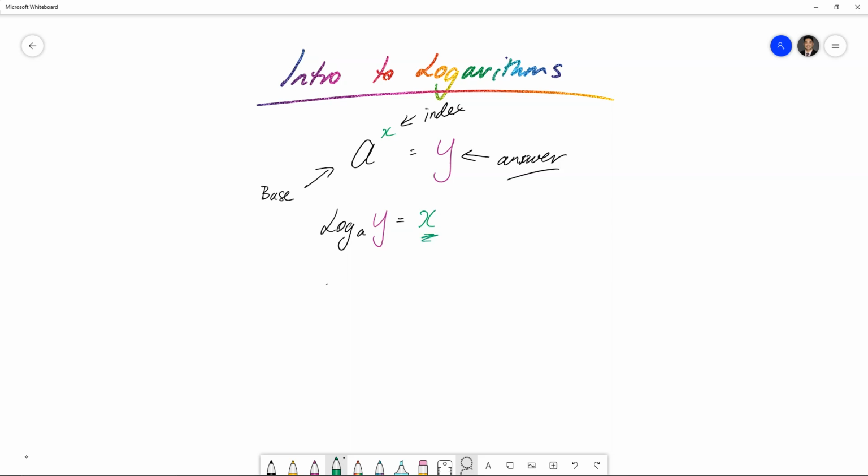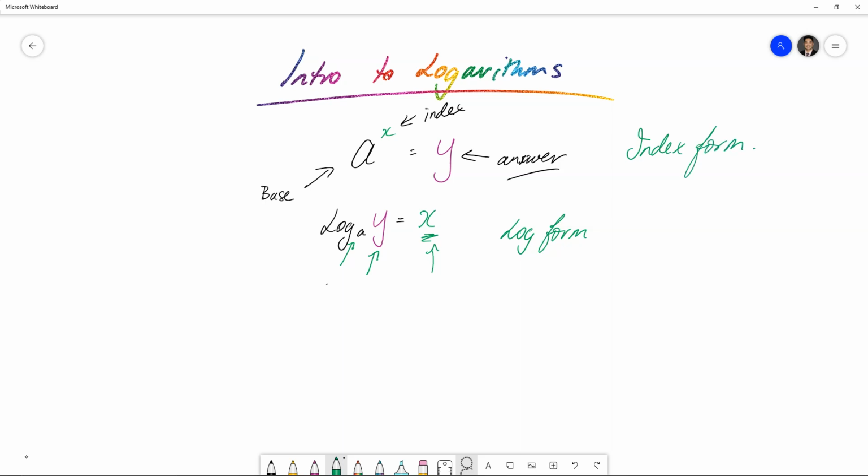Here is where we figure out what the index is. That is your result, and this is your base. We're going to go through a number of examples to help you get familiar with how all of this works. I'll call this log form, and this is index form.